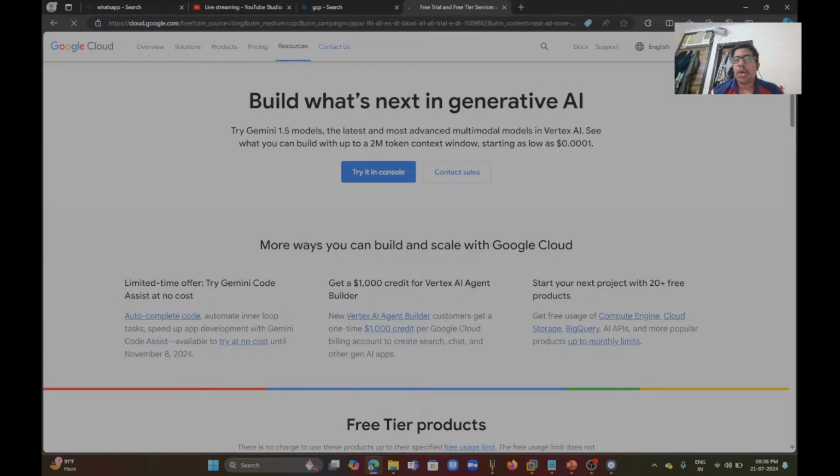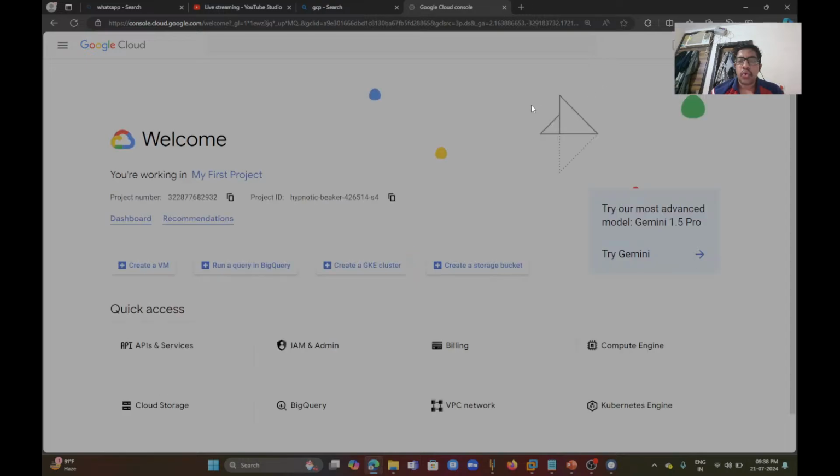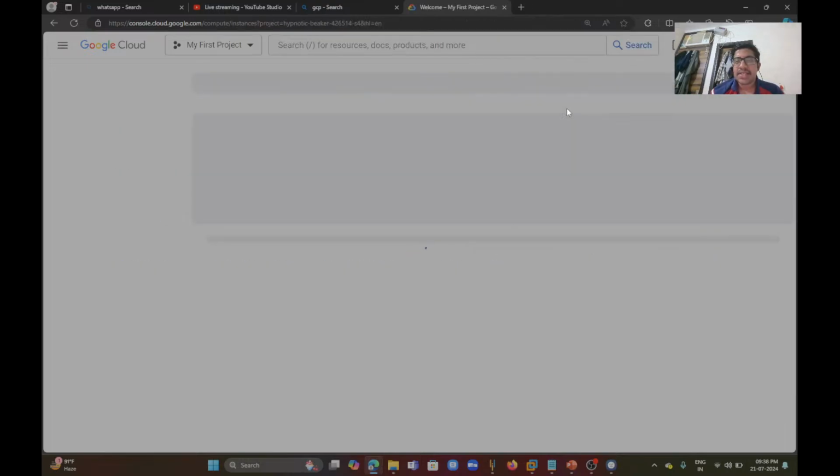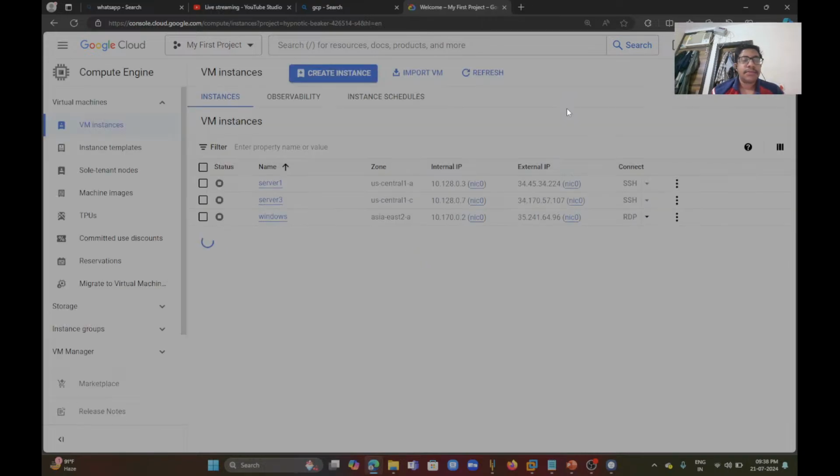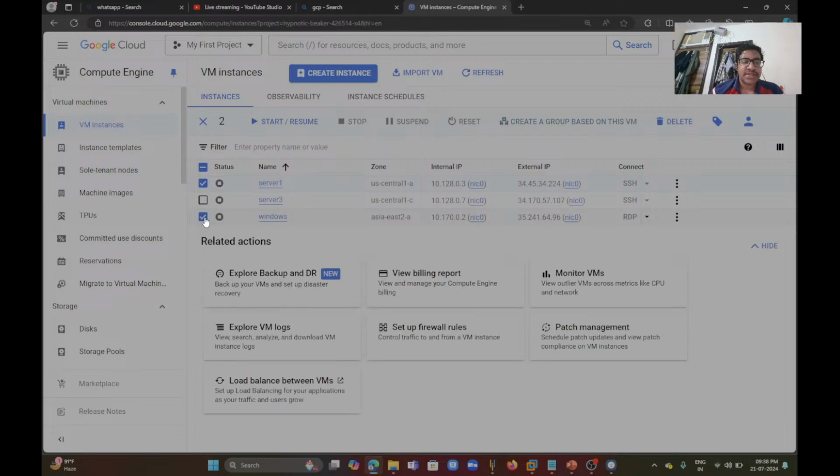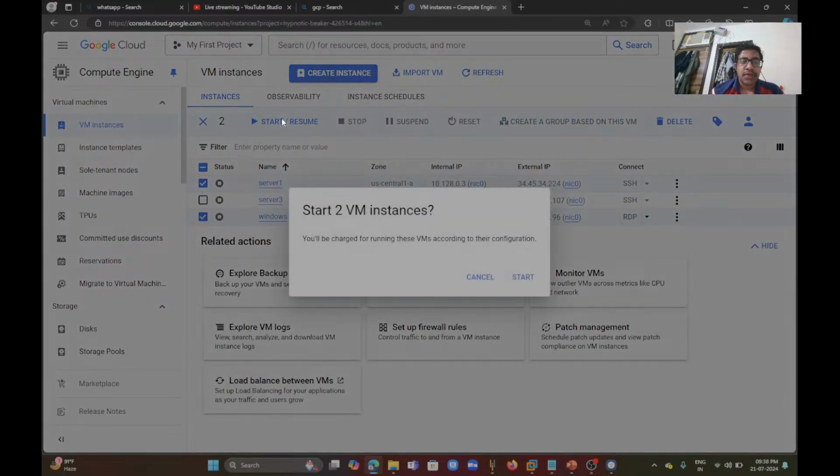This is the GCP console. In this we can see the instances. This is my instance. This is my Active Directory services. Both are on for some time.